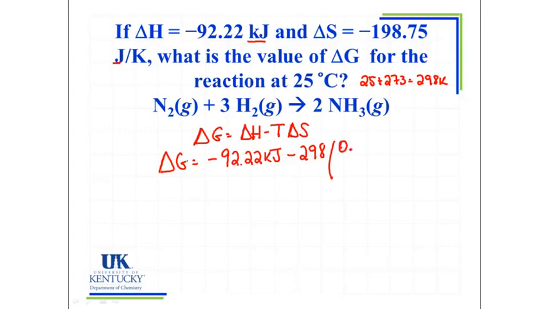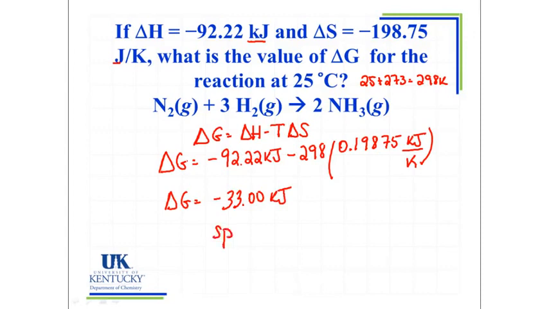So I have 0.19875 kilojoules per Kelvin. And what I end up with is delta G equal to minus 33.00 kilojoules. And since delta G is less than 0, I see that this is, in fact, a spontaneous reaction.